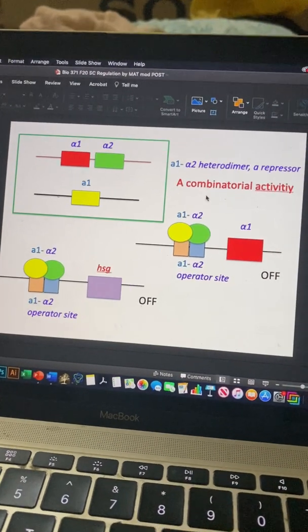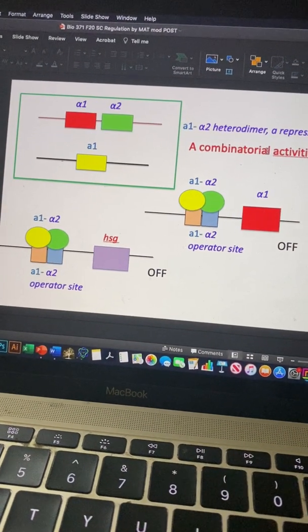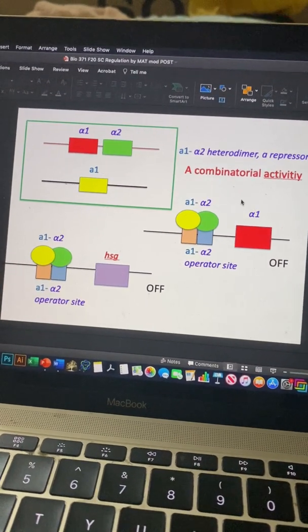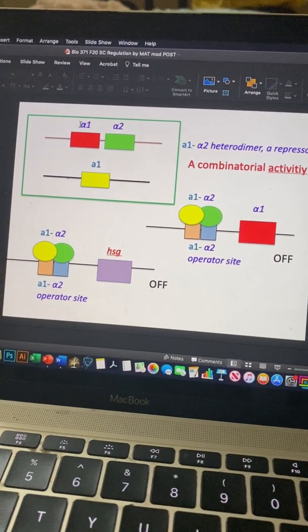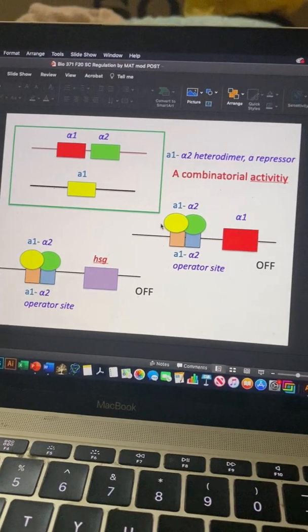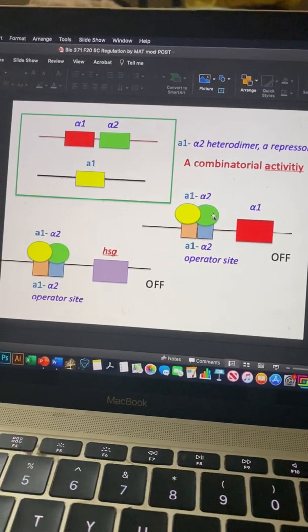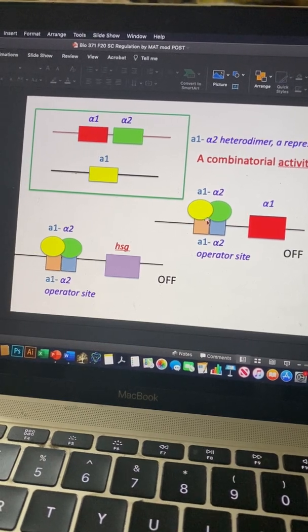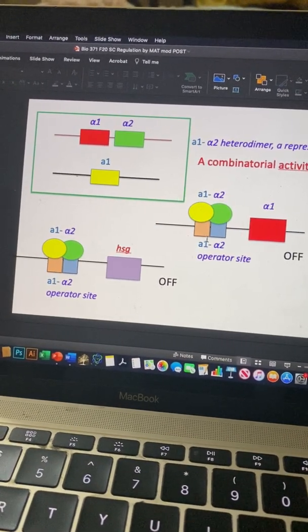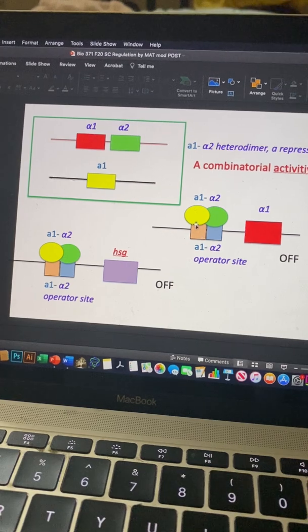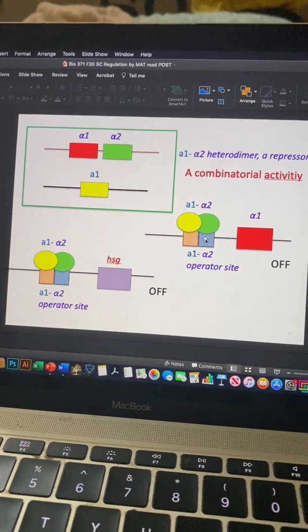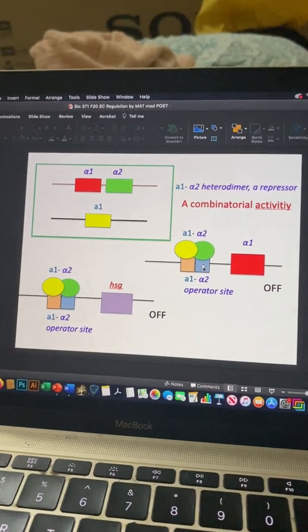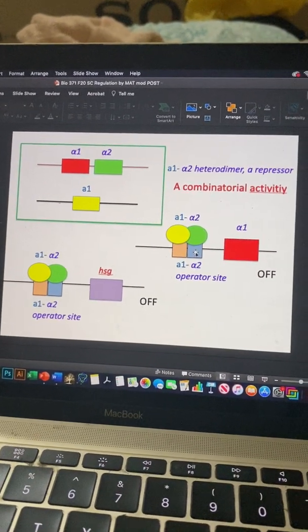This combinatorial activity binds to operator sites in front of alpha 1, the gene here at the MAT locus. Alpha 1 has a composite operator site. It has two parts: a part for binding A1 and a part for binding alpha 2. So it is bipartite.